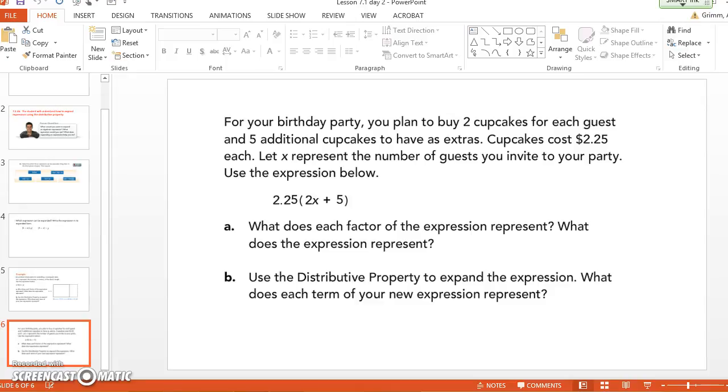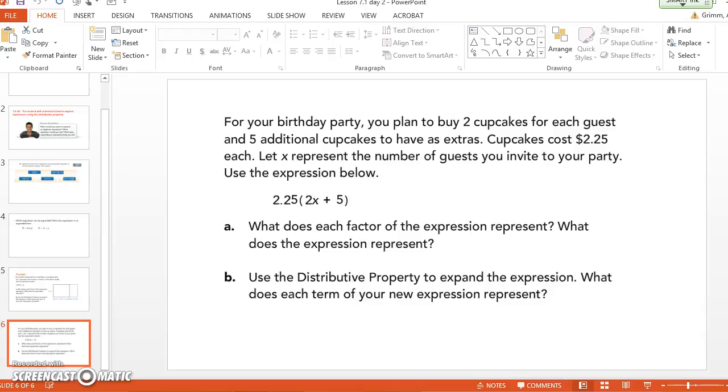Okay, so now we have the 5. 5 extra cupcakes. Very good. In case extra people show up. Very good. Okay, so what does that whole expression represent then? Jake? The amount of cupcakes.